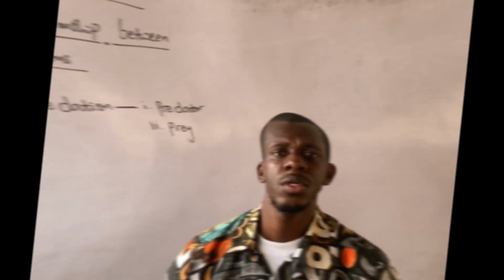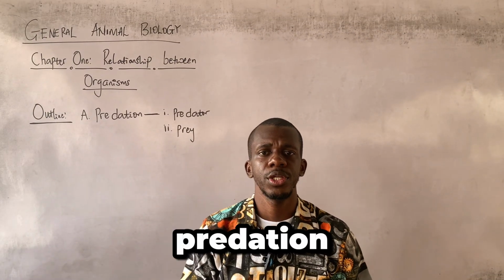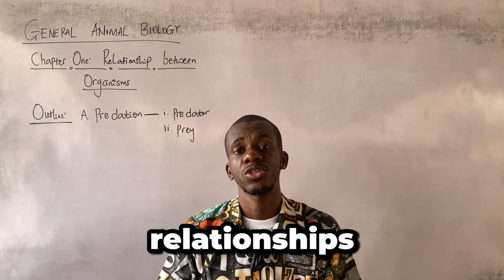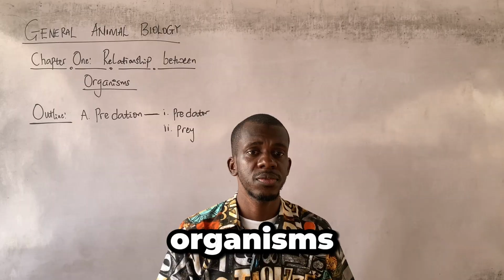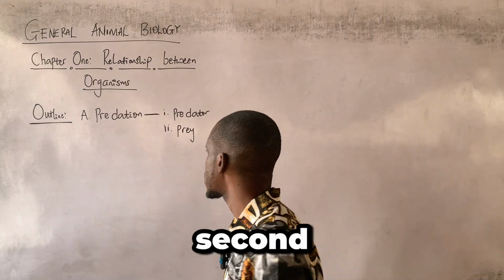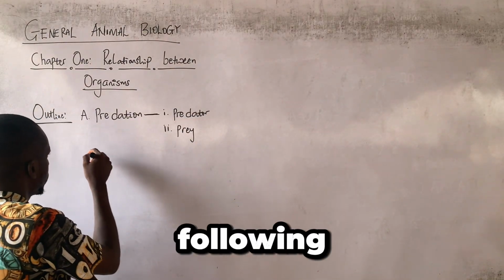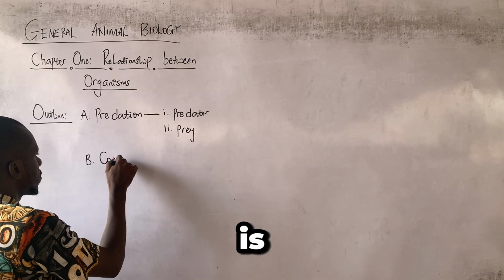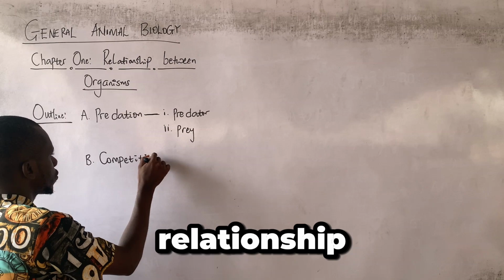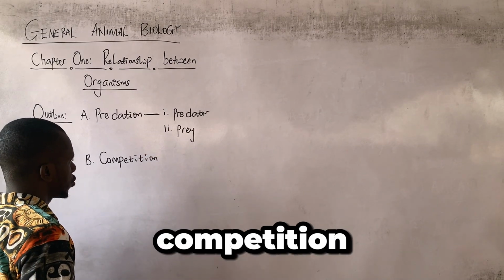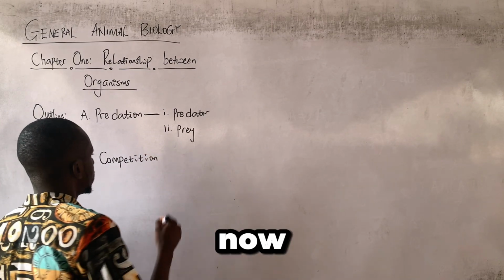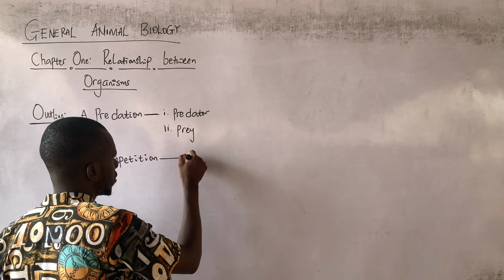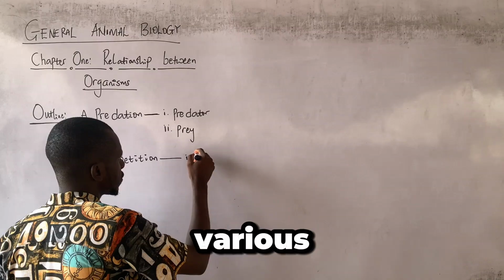Okay? Now that we have seen predation, we will look at the second aspect of relationships between organisms. Remember we're following our outline. This second aspect is a form of relationship we call competition. All right. Now, competition has various types.